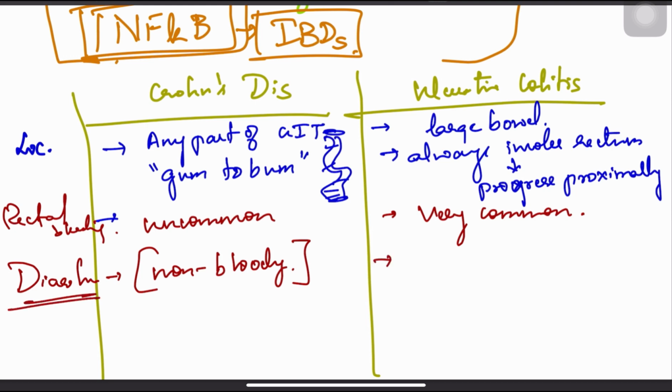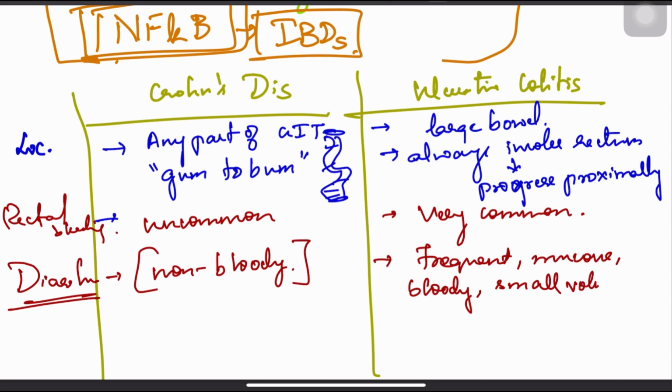In ulcerative colitis it is much more frequent, and mucus will be present, and it will be bloody, with small volumes of stools. So the patient will be very irritable, passing stools frequently, with mucus along with the stools, bloody and small in volume every now and then. This can be the presentation in ulcerative colitis, whereas in Crohn's disease it will usually be non-bloody diarrhea.